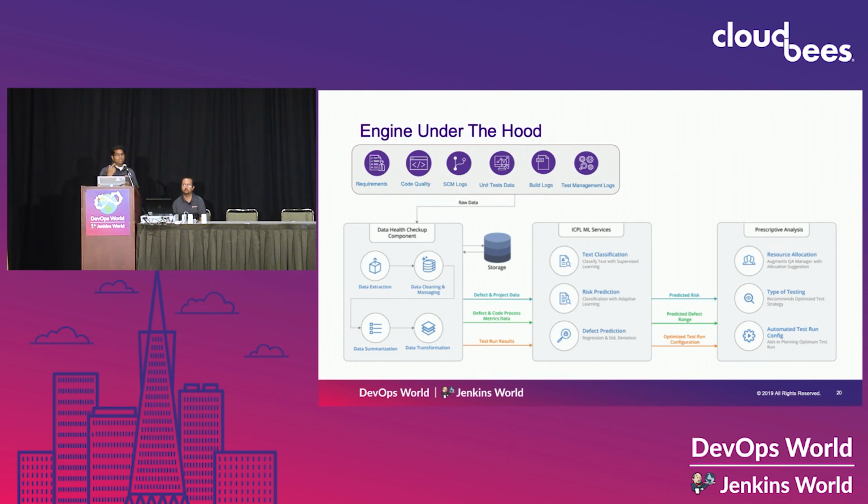Once you understand what your expectation is, what kind of risk is involved, and what kind of bugs to expect, you can start using that knowledge to make predictions. On the right hand side, what you're seeing is creating the test configuration dynamically, right? You can say, okay, these are the test cases that we would like to run, and these are the test cases we may not want to run, because we don't want to waste our resources running those things.